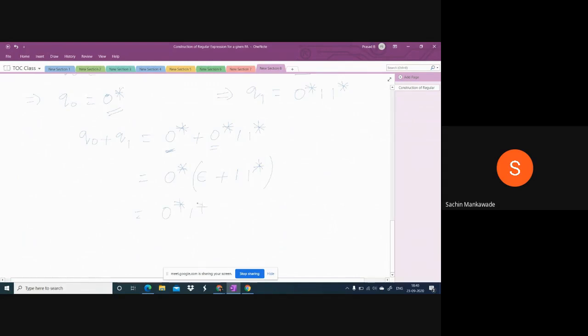So epsilon plus 1 1 star is 1 star. So this is the expression for the given diagram. 0 star followed by 1 star is the answer for this one.